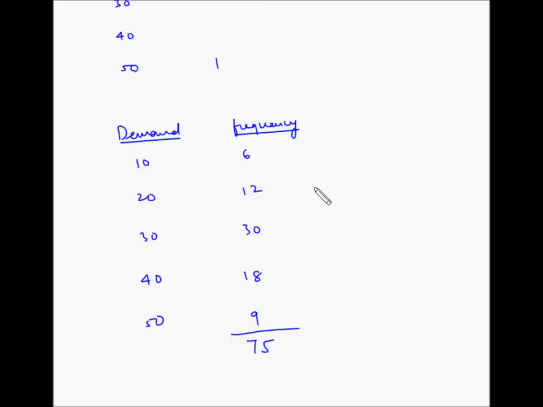So the probability of an event is defined as the ratio of the number of favorable cases to the number of all possible cases. So if we divide 6 by 75, then we'll get the probability of occurrence of a demand size of 10.